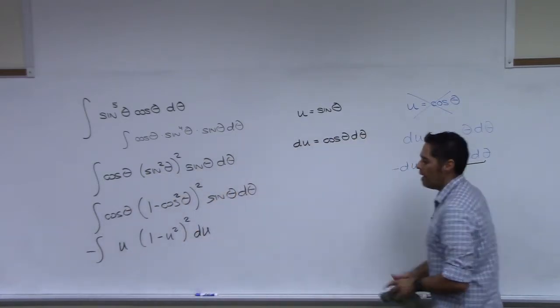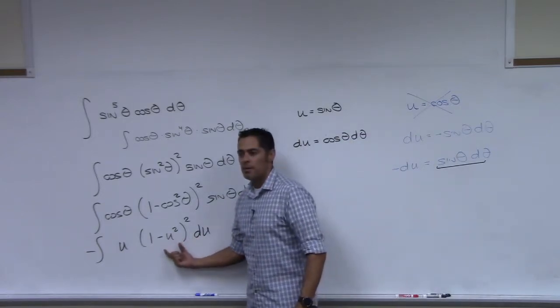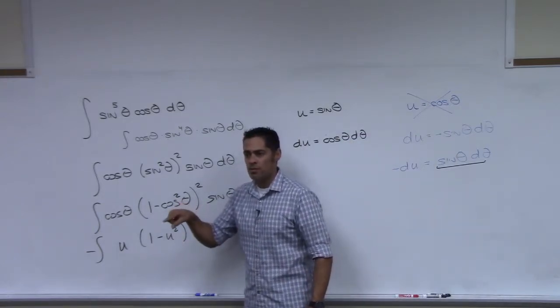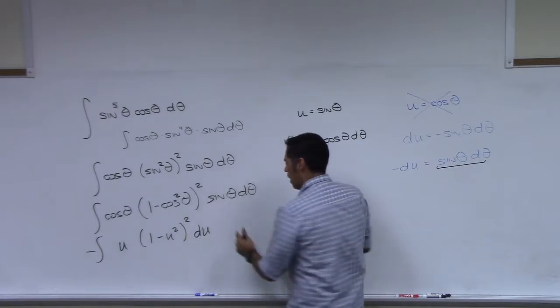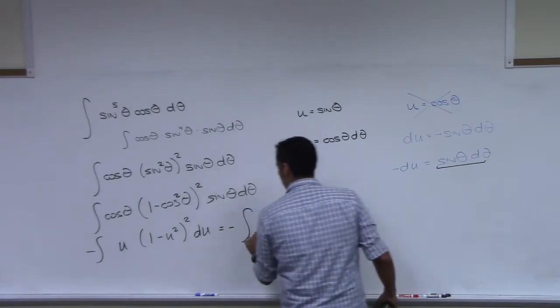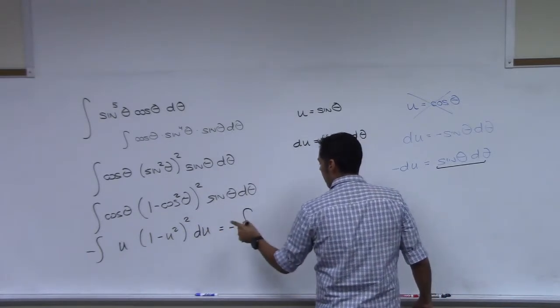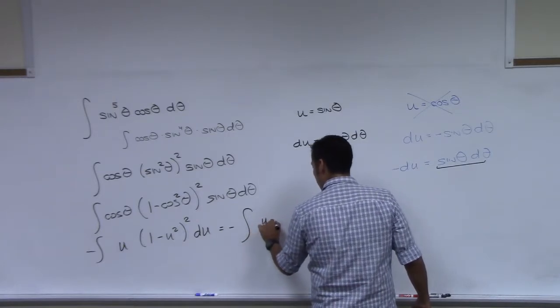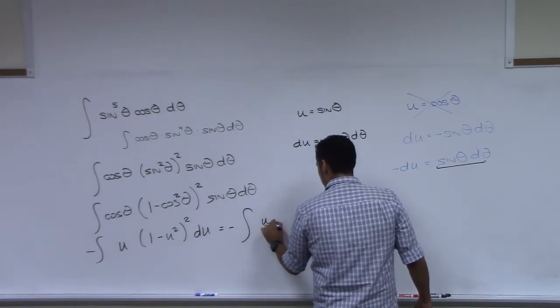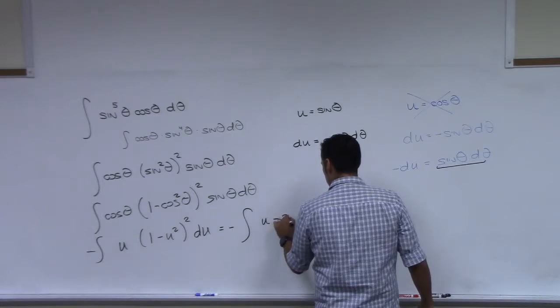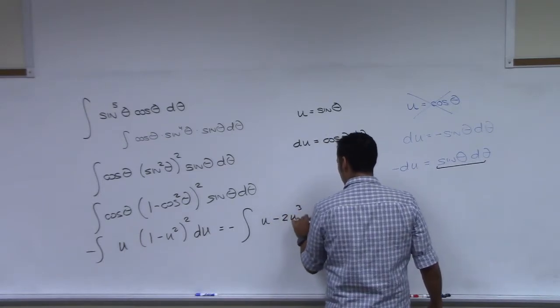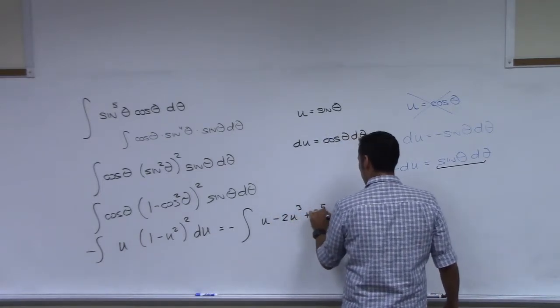Yes? Now, you have to expand this. 1 minus u squared times 1 minus u squared, and then multiply through by a u. So you'll have the negative out there. When I expand that, I'm going to get u minus 2u cubed plus u to the 5th.